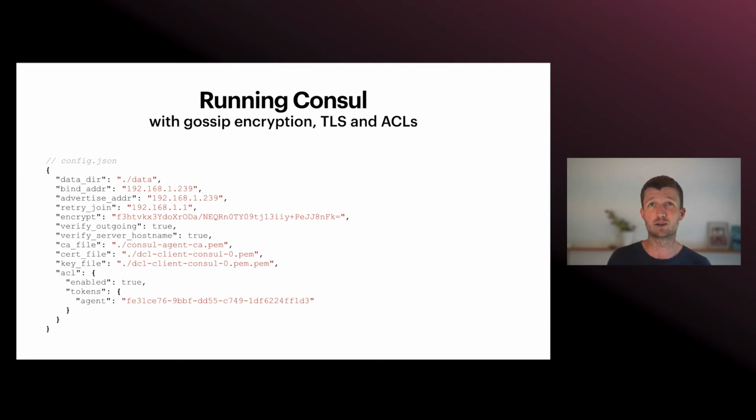Otherwise, parts of Connect don't make sense. For example, our service mesh allows you to define who can talk to whom. And if there are no ACLs, everybody can set up these rules. And there's really no point in having these rules if everybody can set them up. So this is what ACLs are good for. Unfortunately, it requires you to create an agent token. And it also requires you to make the agent token proper with the proper access.